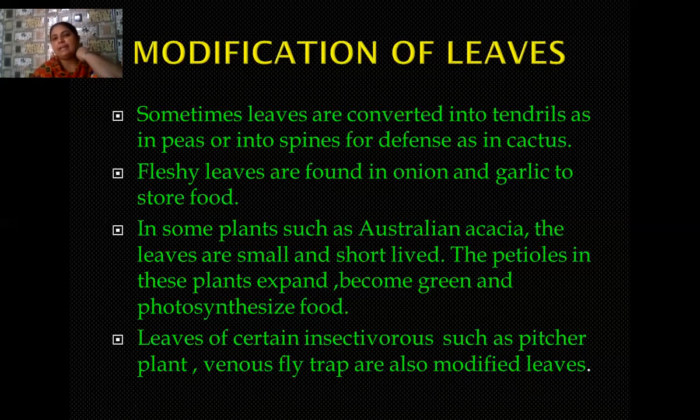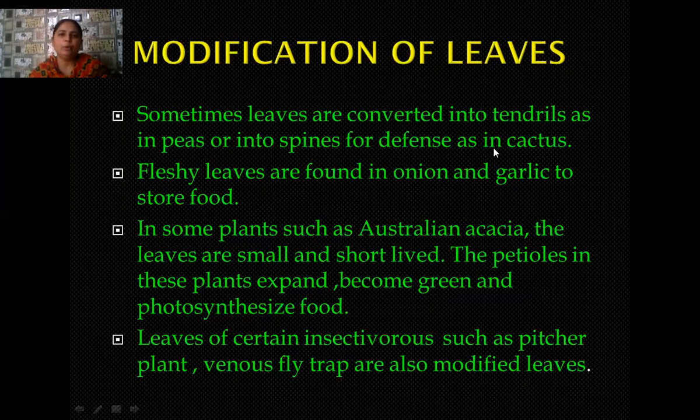Sometimes the leaves are converted into tendrils, and such leaf tendrils are found in peas. Sometimes the leaves also get modified to form spines, and these spines are generally visible to us in some desert plants such as cactus. I have given you the examples: pea tendrils are generally known to us, and spines are found in the cactus plant.